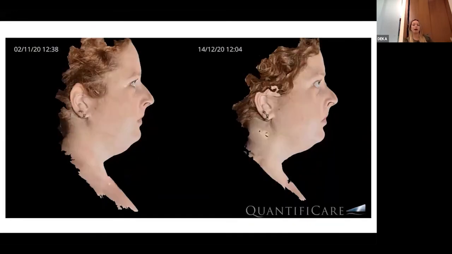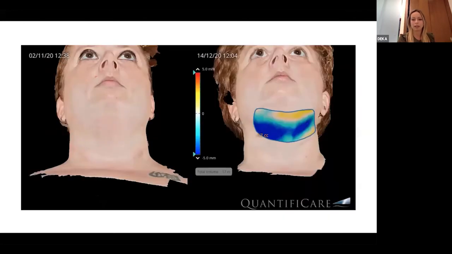With just 2 treatments, we obtained 70 cc loss of volume in the double chin area. Surely she needs more, so I will keep doing treatment for her.